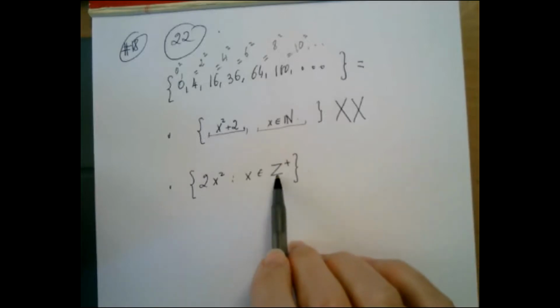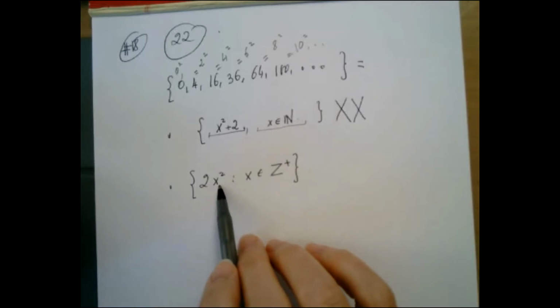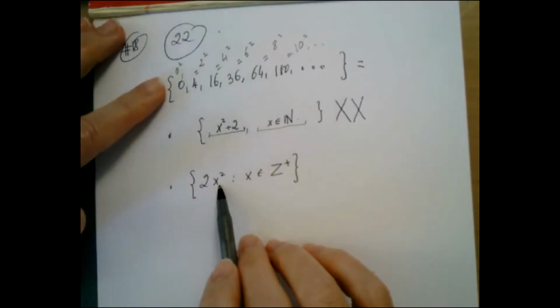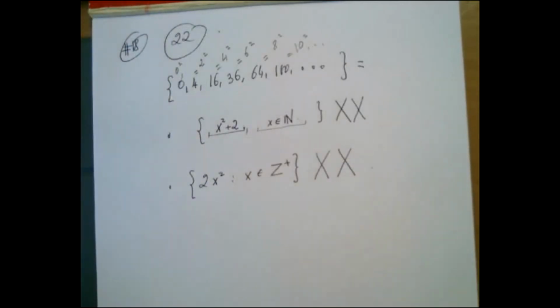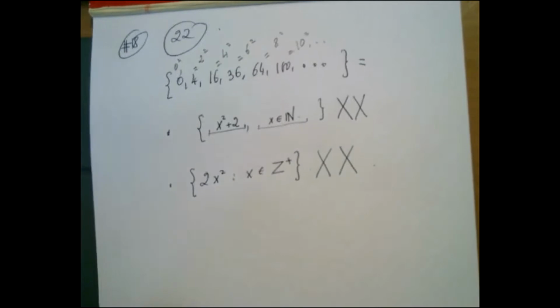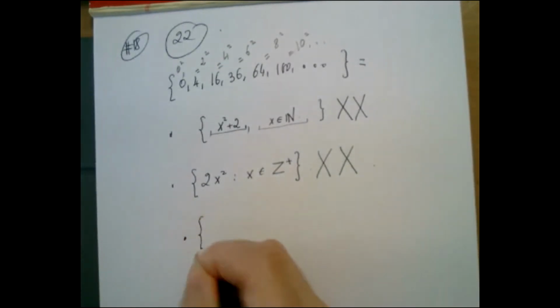So if x is 1, I will have 2 times 1 squared, which is 2. 2 is not in my set. Are you with me? Yes, keep going. Okay. All right. Who has another suggestion?